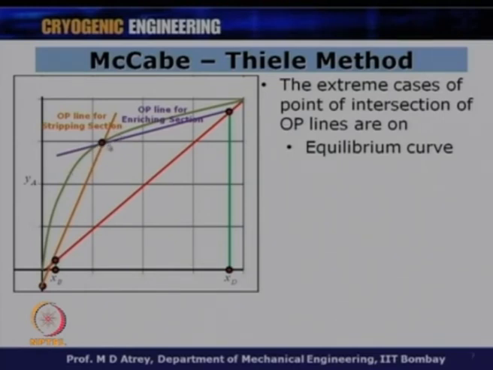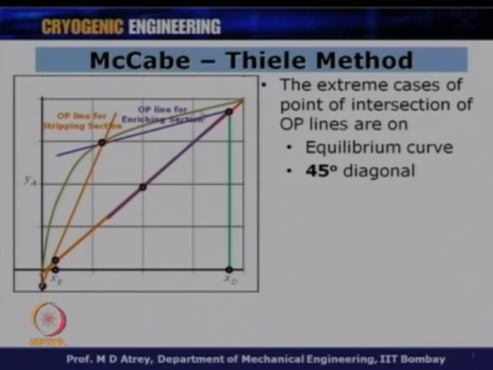The other case will be the operating lines lying on the diagonal itself. That means they intersect on the diagonal, which means the operating lines are on the diagonal itself. So, you can see that in this case the operating lines are right on the diagonal, while in the other case the operating lines are very, very close to the equilibrium curve.